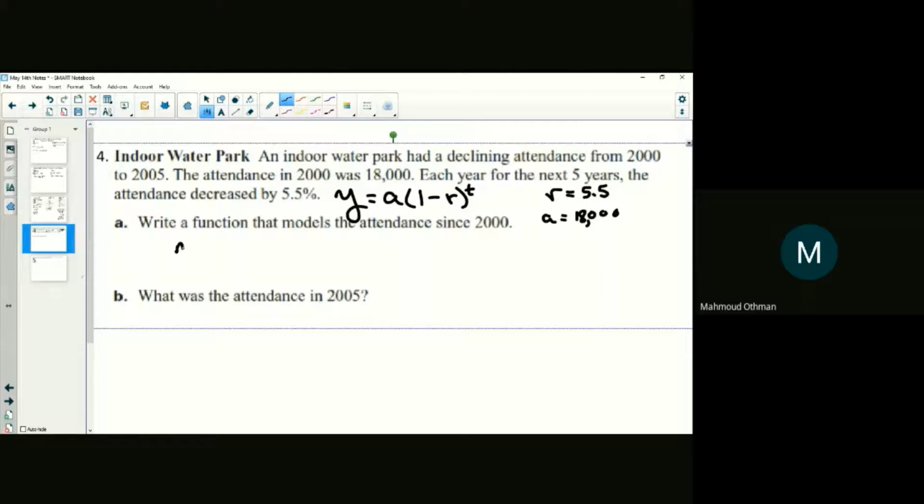So y equals 18,000 times the quantity 1 minus, well, again, this is a percent. We need to change it to a decimal, and we do that by moving the decimal 2 places to the left.